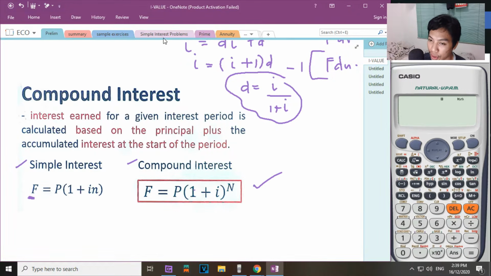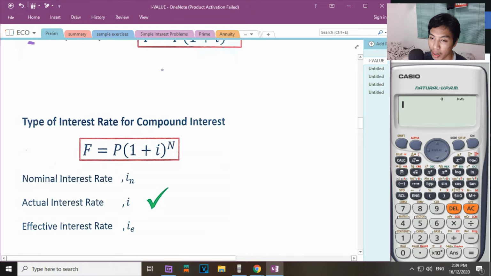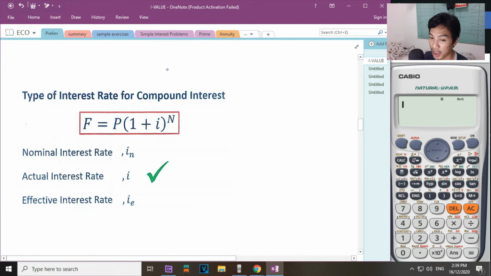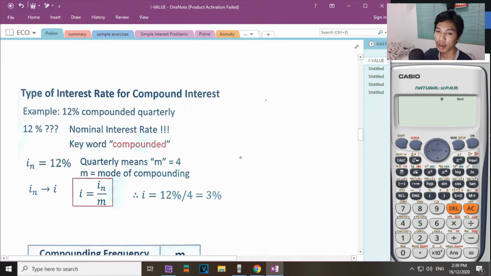Yan ang compound interest. Now, there are 3 types of compound interest. Okay? Meron tayong nominal, meron tayong actual, at effective rates. Sir, may pinagkaiba ba yan? Yes, there is. Let us see. Now, for the types of interest for compound interest, example, meron tayong sinabi dito, 12% compounded quarterly.